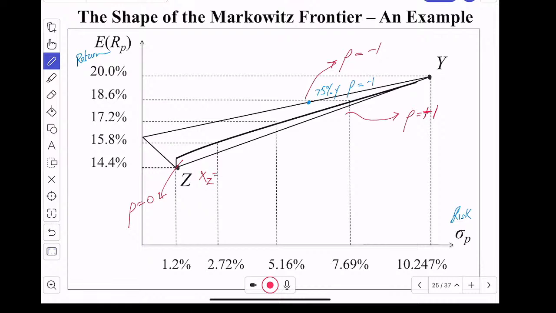XZ here is 100% and XY here is 0. Now as we move, we put more of Y in there, and we might be interested in this one here. This is known as the minimum variance portfolio.